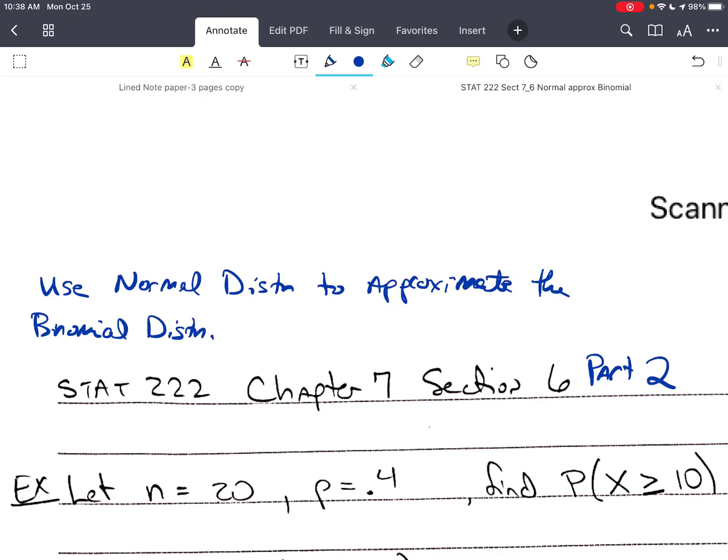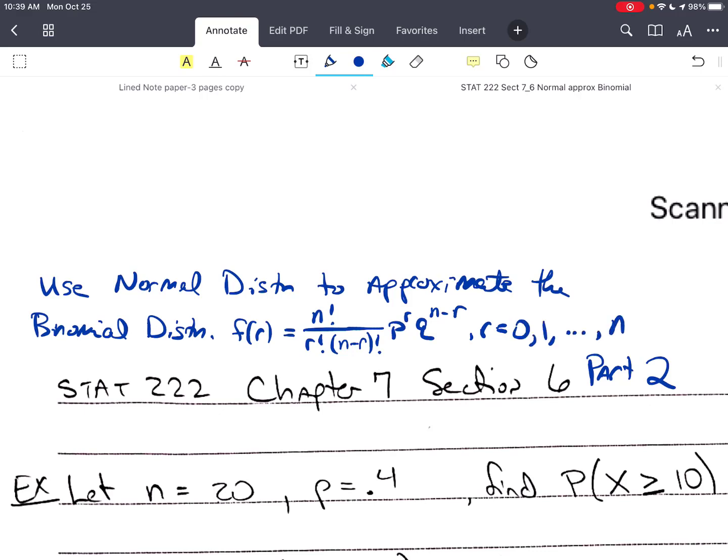Well, if you remember, the PMF, or the probability function for the binomial, is n factorial divided by r factorial and n minus r factorial, times p to the r, q to the n minus r, r equals 0, 1, up to n.